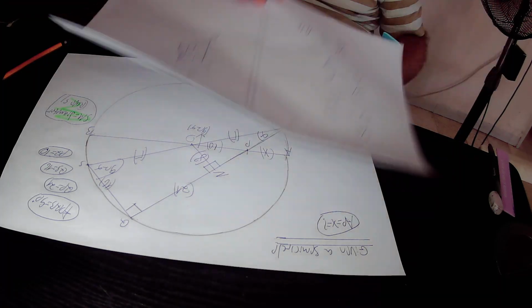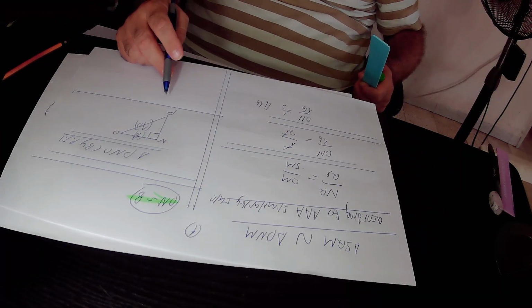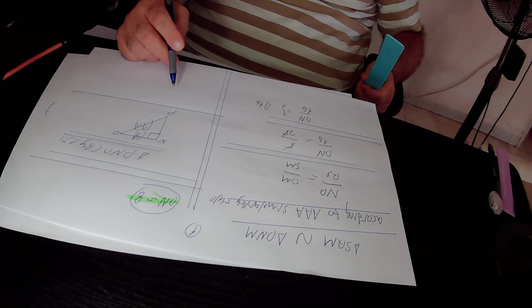So actually, this is the small right triangle PNO that develops from the original diagram.